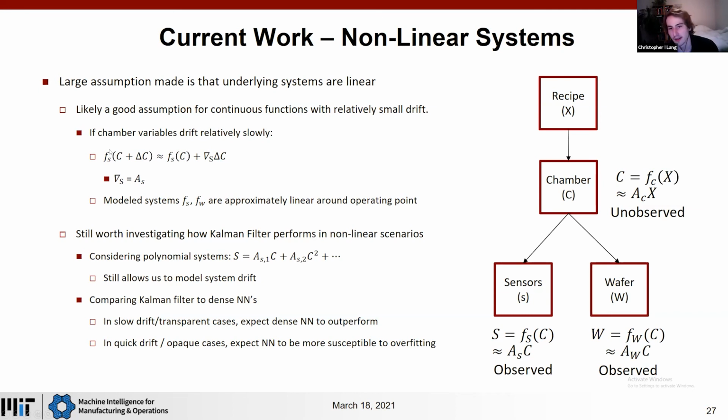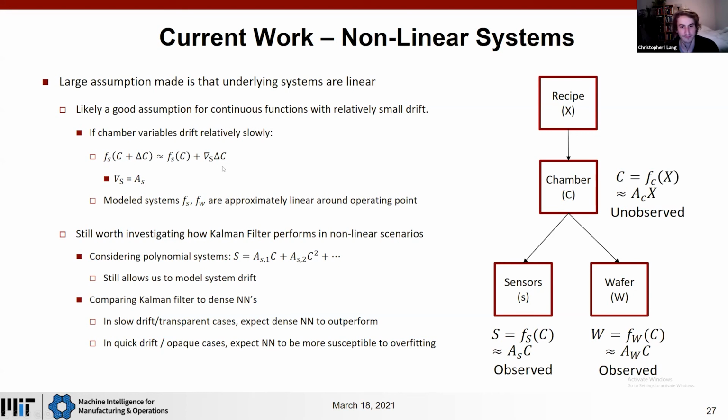If we say, for example, Fs of c plus some delta c, we can factorize this, if it's a smooth function, as Fs of c plus some delta s times delta c. This delta s is essentially the system that we're trying to model. So if it's only slowly drifting, we can approximate our modeled systems as linear around this operating point.